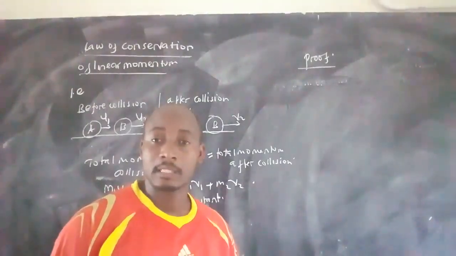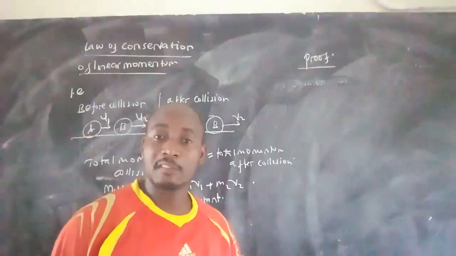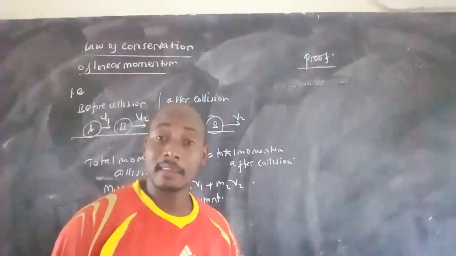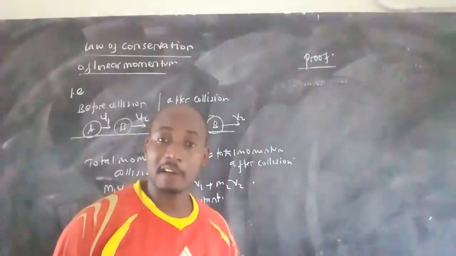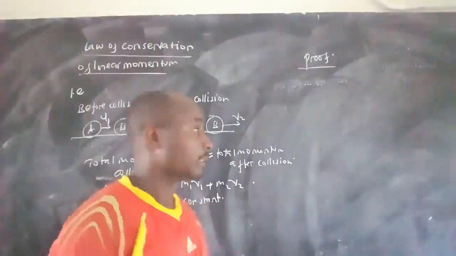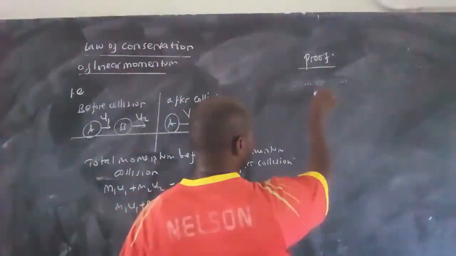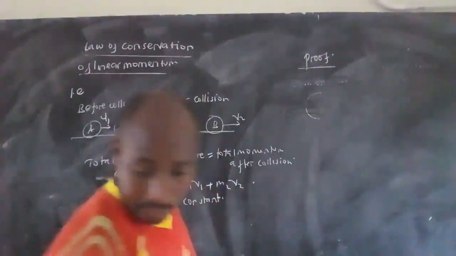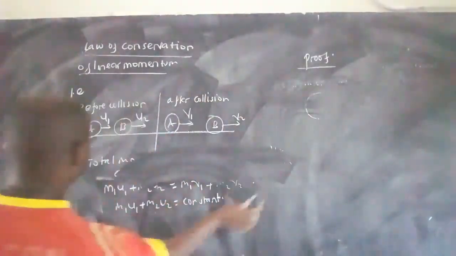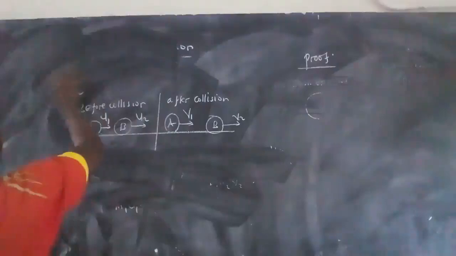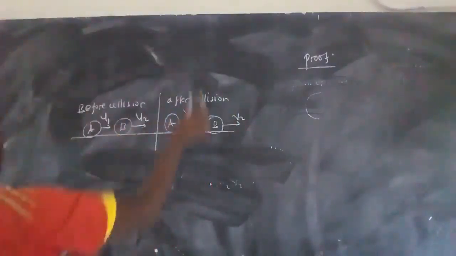Then we say, let V1 and V2 be their final velocities after collision. So we shall have this. Let's have the same diagram.